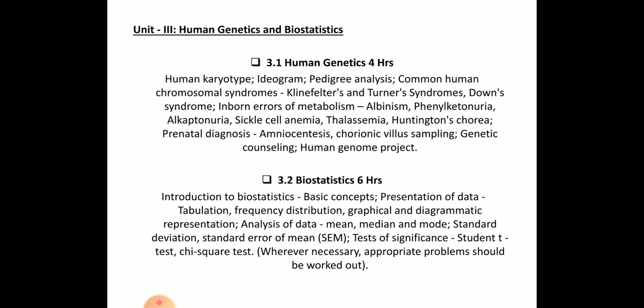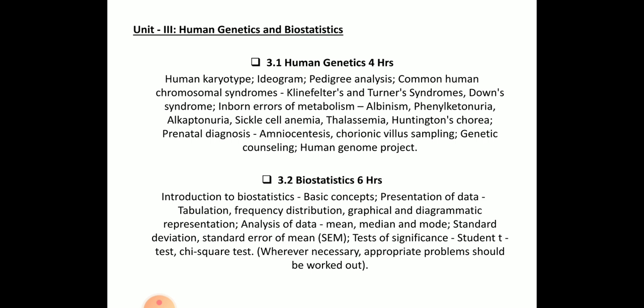So in the first subunit, human genetics, here we will be knowing about human karyotype, ideograms, pedigree analysis or making the family tree, then common human chromosomal syndromes, that is Klinefelter, Turner's, Down syndromes, which mainly affect the sex linkage in humans.